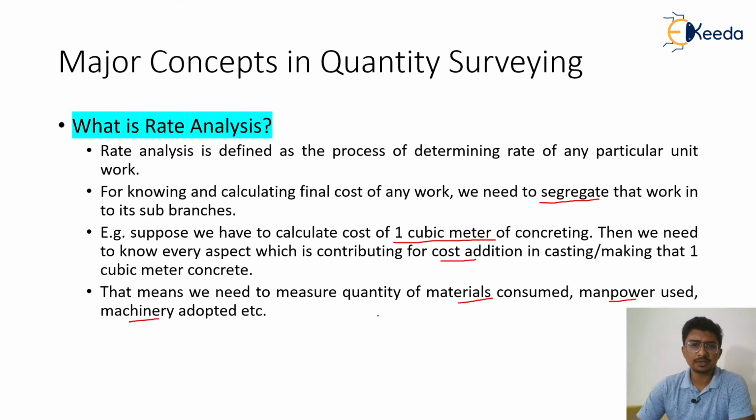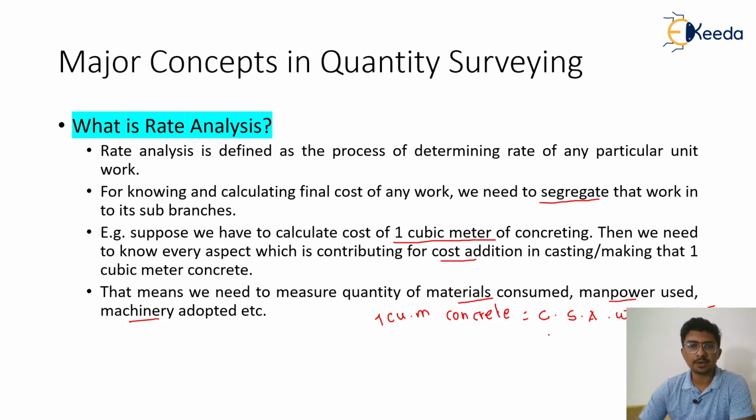In simple words, we are dealing with 1 cubic meter of concrete, right? For that we know that concrete is a mixture of cement, sand and aggregate, water, and admixture if used. These are the materials that we have consumed for making that 1 cubic meter of concrete.